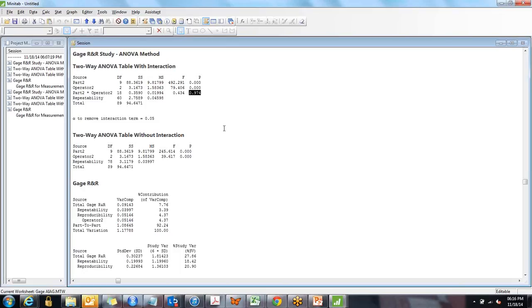If it is greater than 0.05, we accept the null hypothesis and it is a good indication for with interaction. Now let us look into without interaction. For part, is this p-value greater than 0.05 or less than 0.05? Less than. If it is less than, do you accept the null hypothesis or reject the null hypothesis?